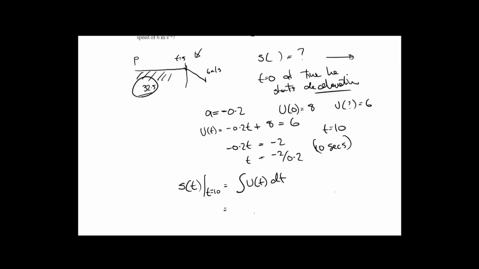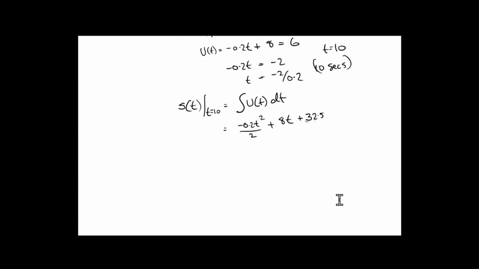So the velocity function is negative 0.2t, so negative 0.2t squared over 2 plus 8t, and the initial displacement when he passes P is going to be, well, it's actually going to be 32.5, because that's how far away we were. So we're killing two birds with one stone there.